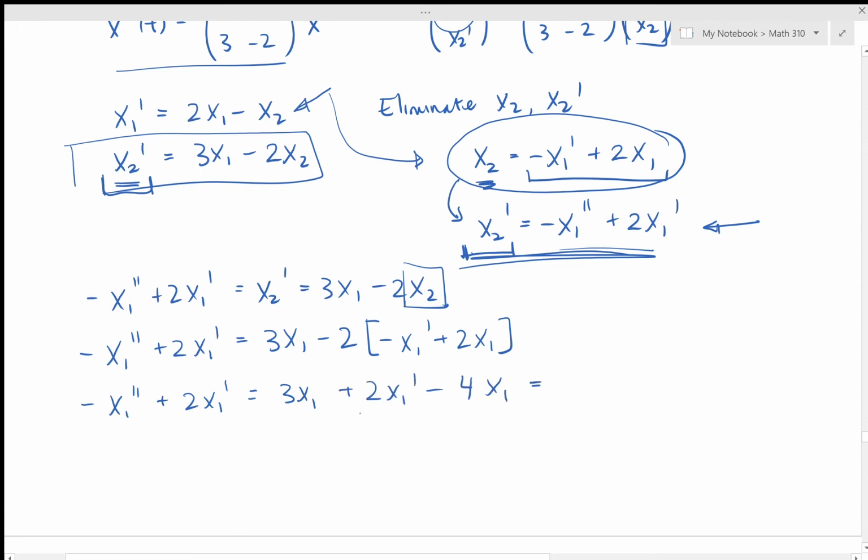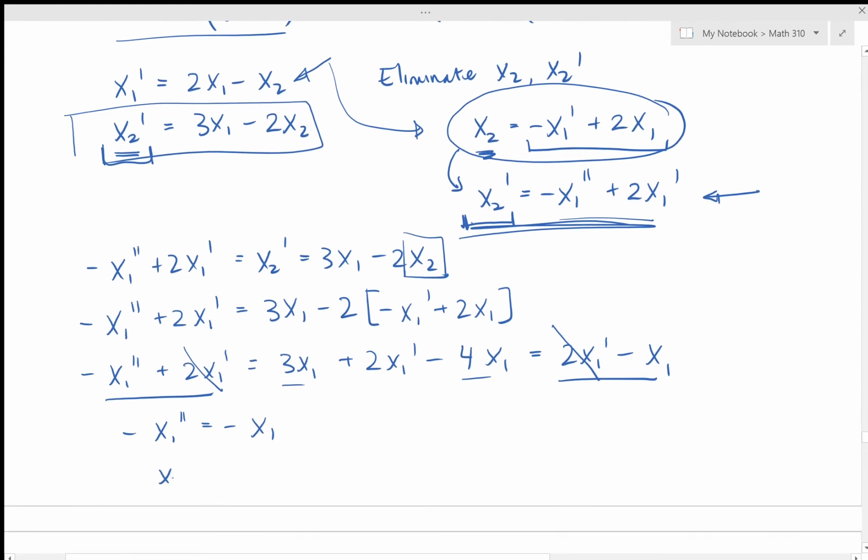And then 3 minus 4 gives minus x1. Isn't that nice? So I get minus x1 double prime equals minus x1, and that means x1 double prime minus x1 is equal to 0. There it is.